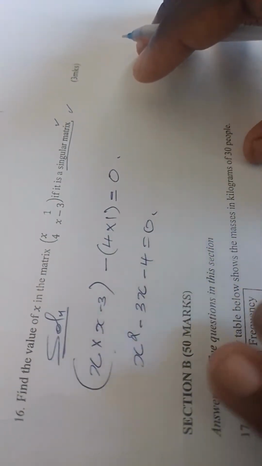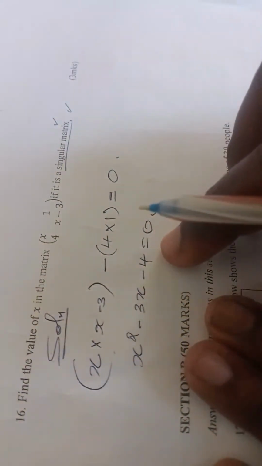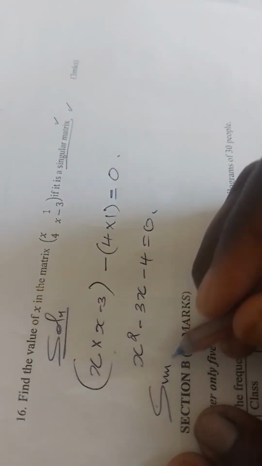Now we need to find the value of x. How do we find it? We need to look for two numbers whose sum is negative 3 and whose product is negative 4. If you add, you get negative 3; if you multiply, you get negative 4. What are those numbers?